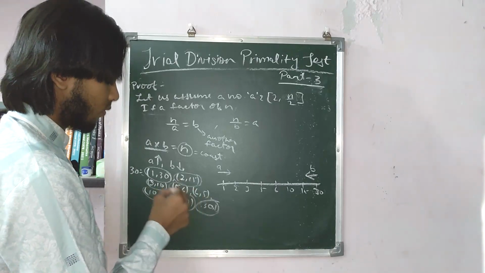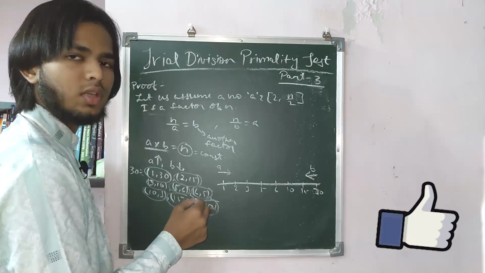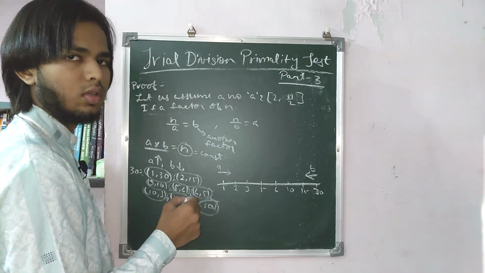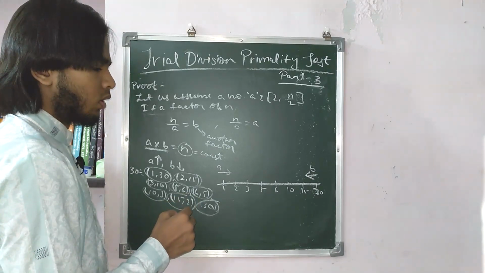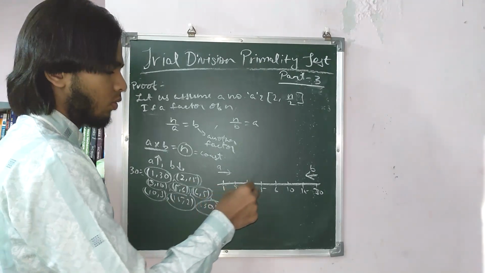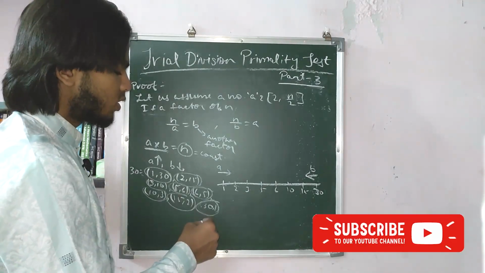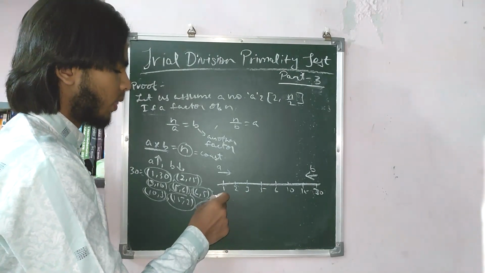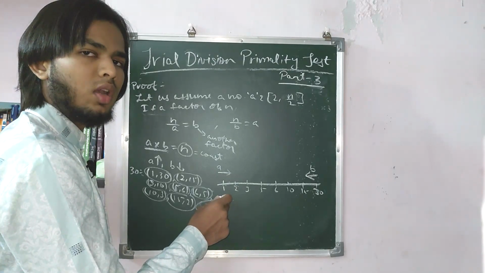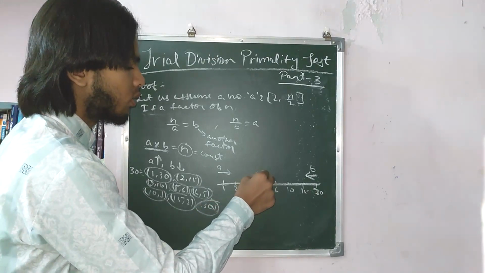And when we go till 5, everything is automatically counted in the pairs of factors. So in this case it is 5. The basic observation is that every pair is being covered when we come to the middle.